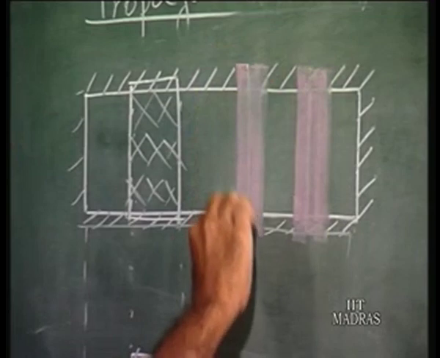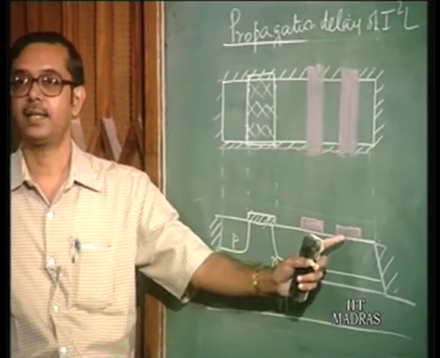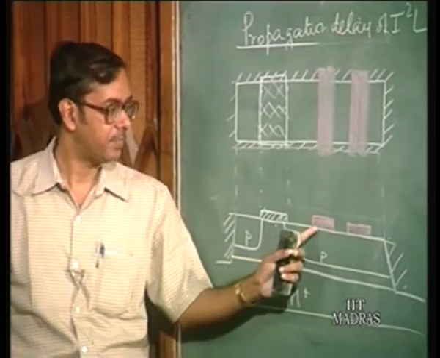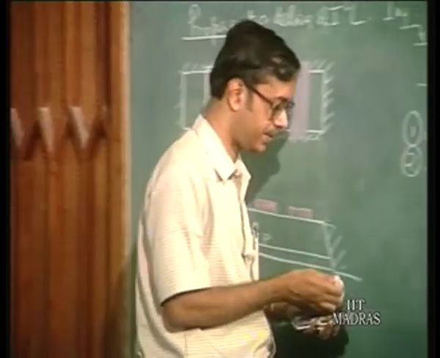So this is the top view and this is how it looks. So this is arsenic doped polysilicon, which is N-type.